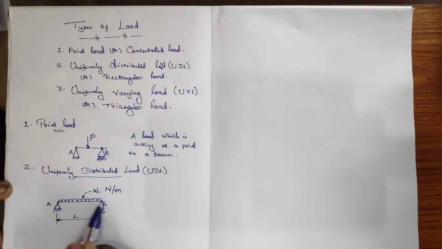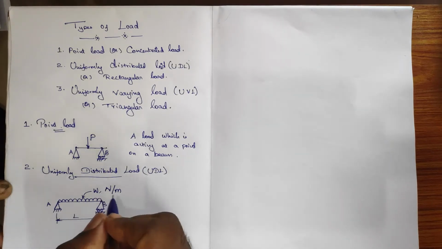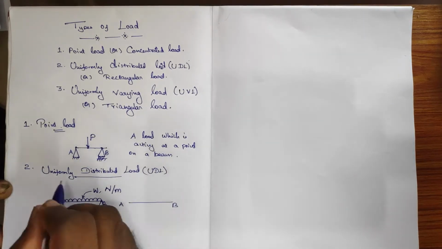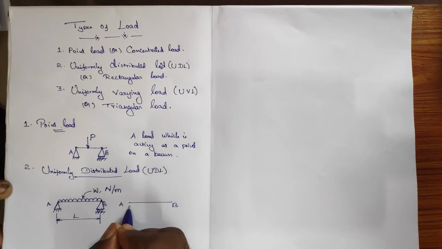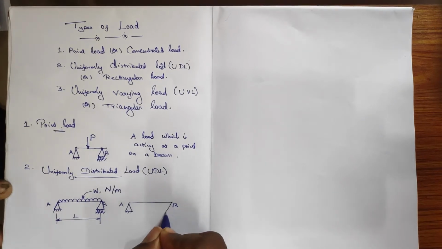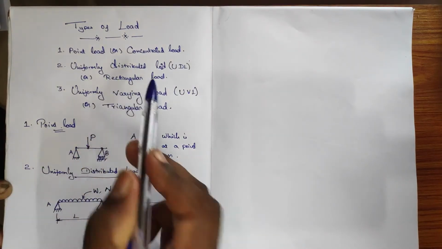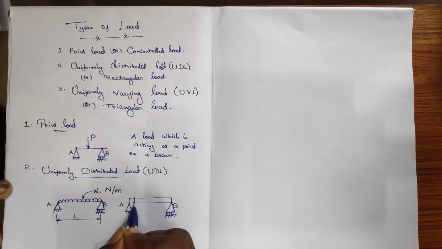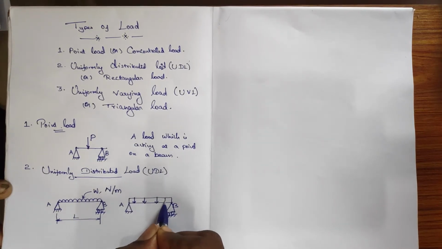This load is acting over a considerable length, am I right? So we are taking the load in Newton per meter, acting per unit meter. In another manner we can also represent this uniformly distributed load. Based on the name, a rectangular load, in some places they represent the distribution of load like this.